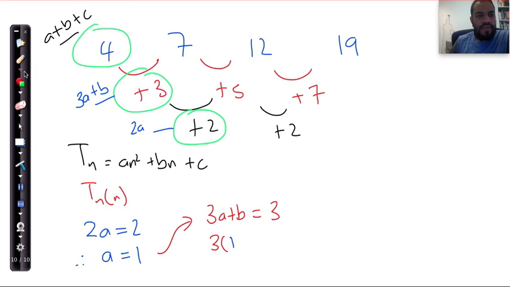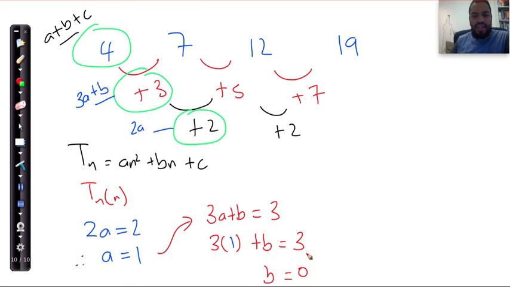So 3 plus b is equal to 3. This tells me that b has a value of 0, because 3 times 1 is 3, and 3 plus nothing still gives me 3. So when I solve that equation, I get b equals 0.